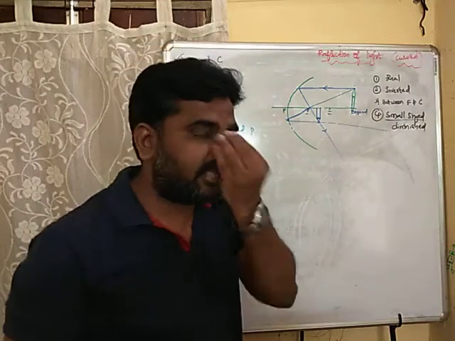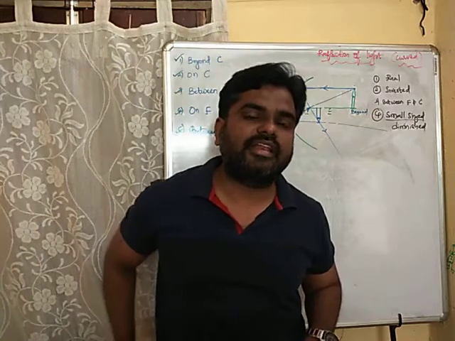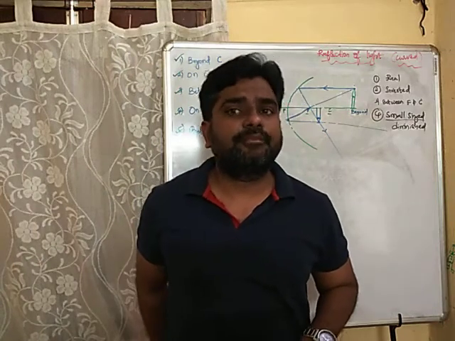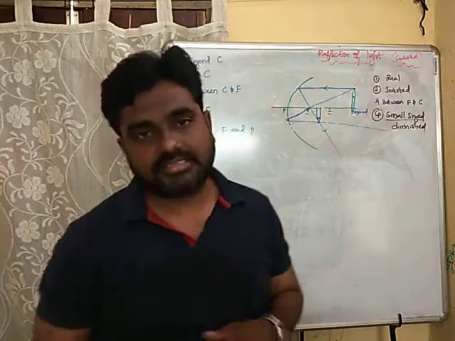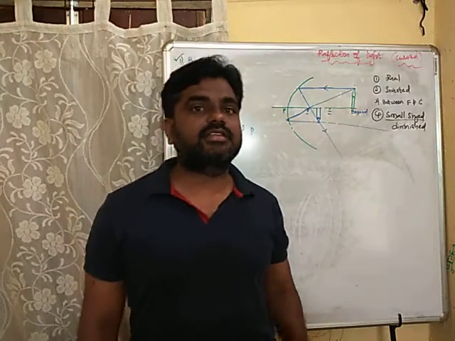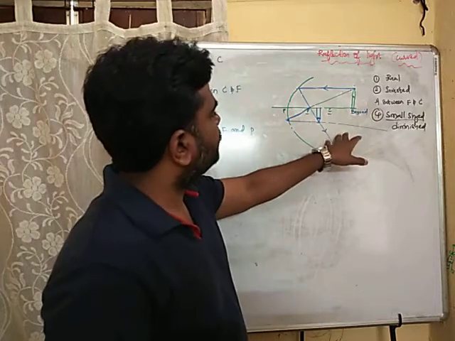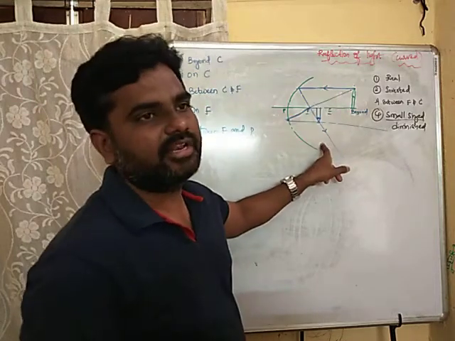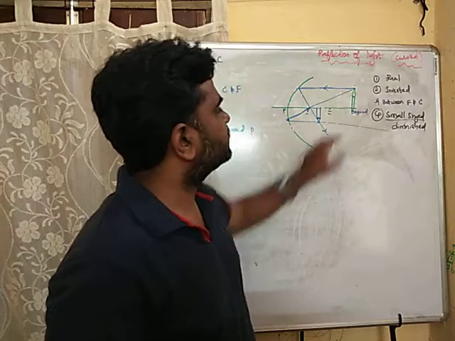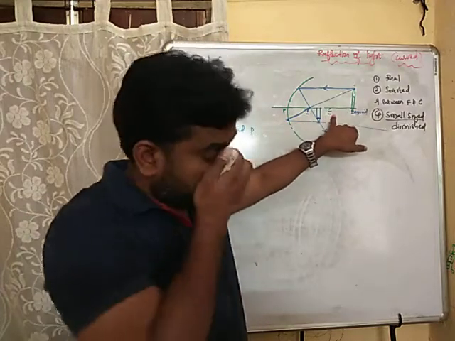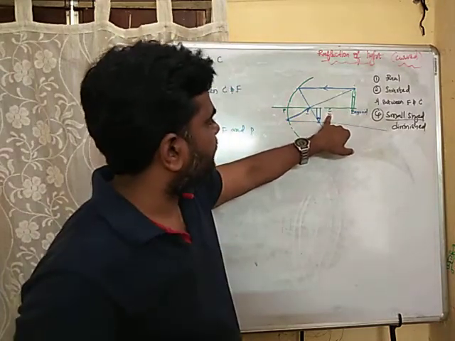This diagram is very important from the examination point of view. The examiner will ask you to draw a ray diagram when an object is kept beyond C and discuss the characteristics of the image. First you have to draw a concave mirror surface and principal axis. Then locate the points such as the center of curvature.